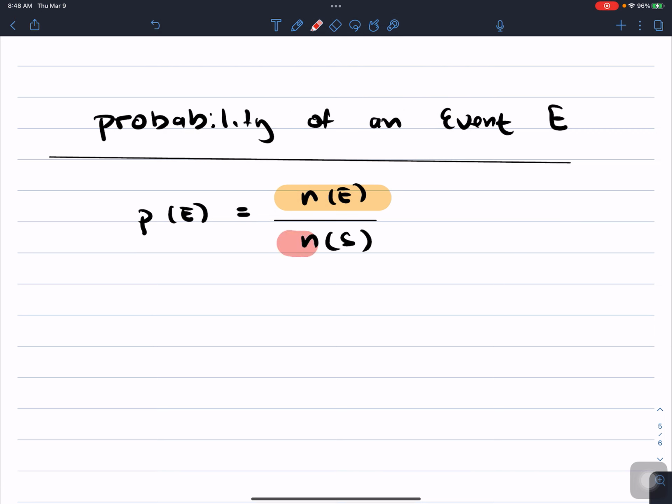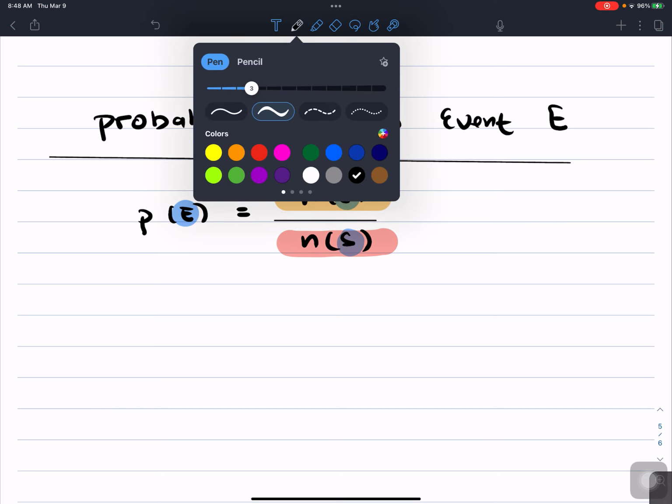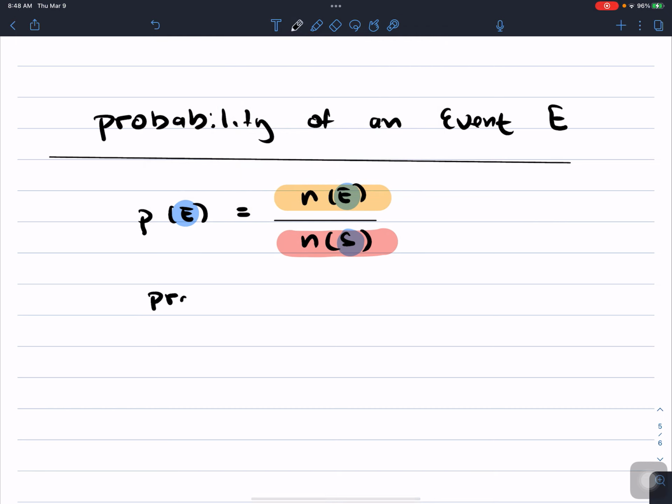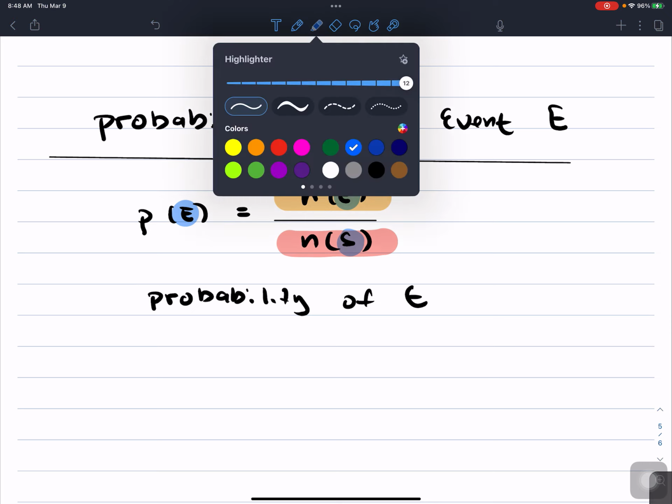You got a what? Denominator. Okay? You guys okay with that? Now this is function notation. So this is the event here called E. And this is the probability of the event. Probability of E in words. Okay, so there we go.